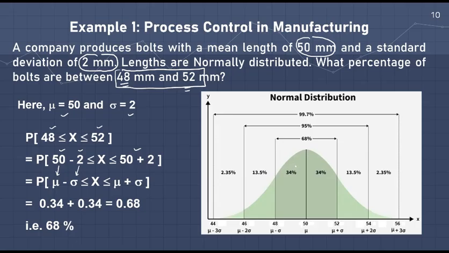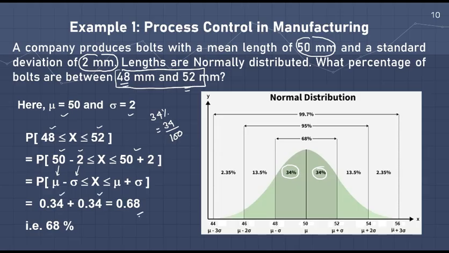This is 34%, and this is also 34%. That x lies between mu minus sigma and mu plus sigma is 34% on each side. 34% means 34 divided by 100. Since probabilities are numbers between 0 and 1, instead of writing 34%, we write 0.34.